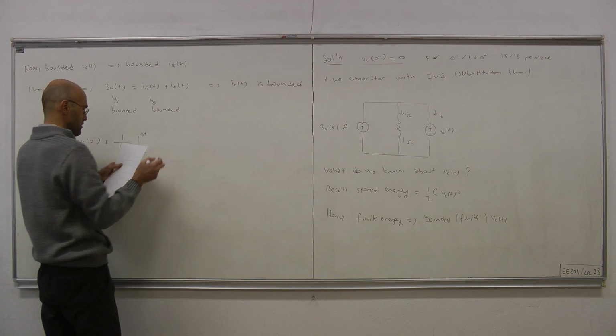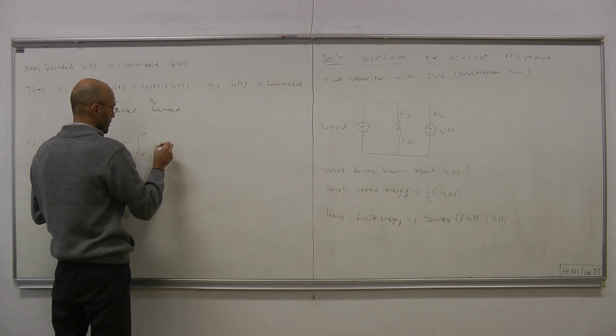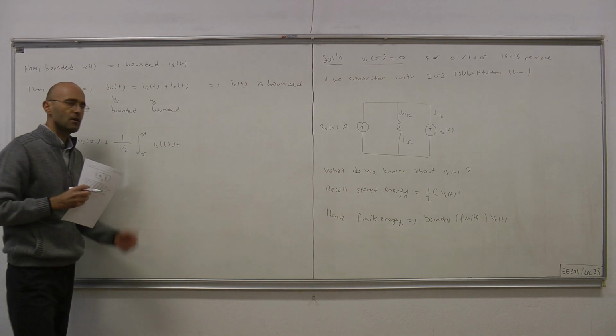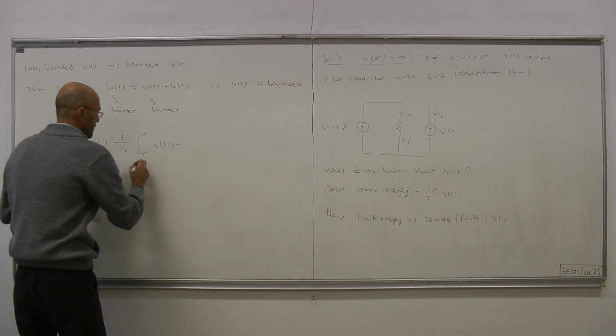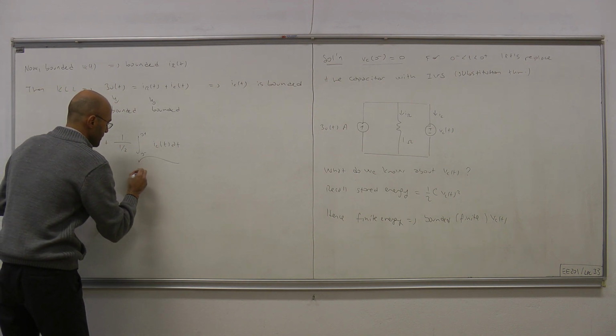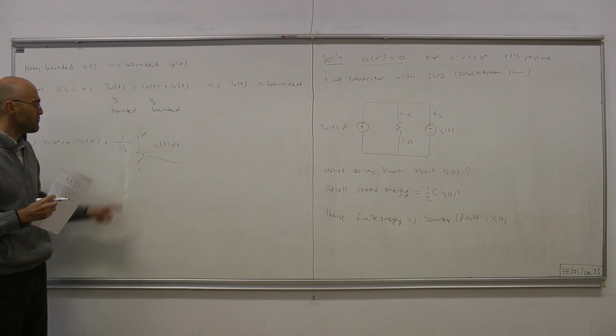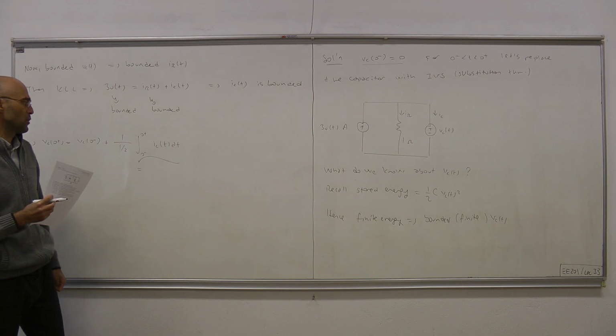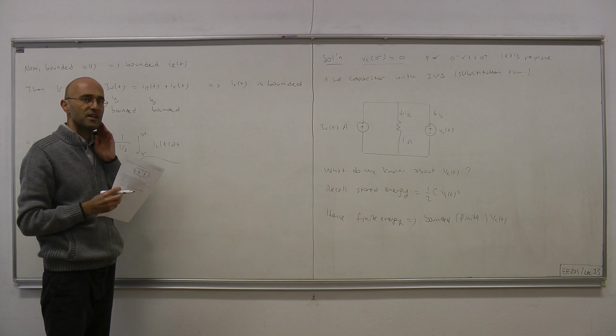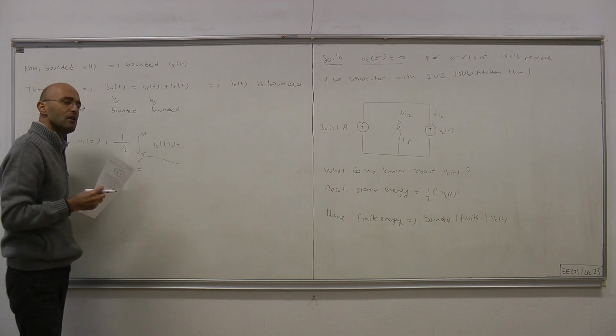And then what we do, we integrate the capacitor current. Now, how can we determine the result of this integration? Because we don't know what IC(t) is exactly. Now this is a special integral.